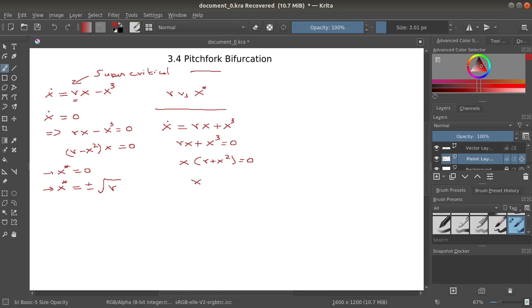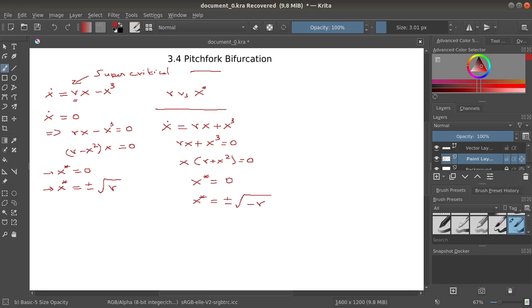So one solution is x star is 0, another solution is plus or minus root of minus r. So here if you see, we will have 3 fixed points when r is negative, and if r is positive we will have only 1 fixed point.